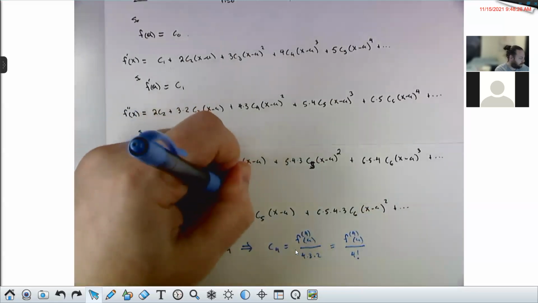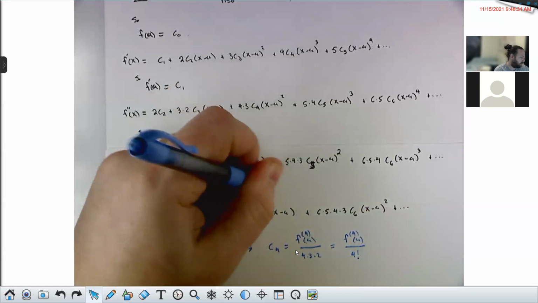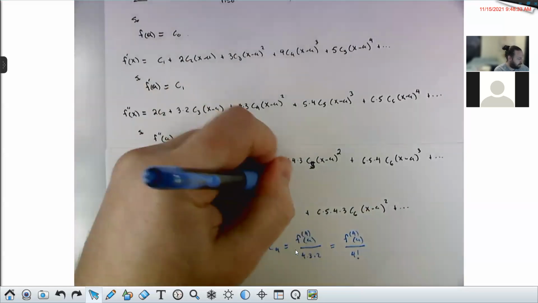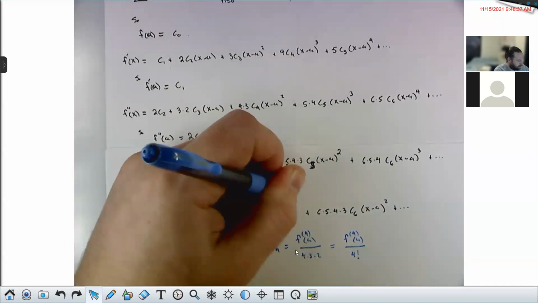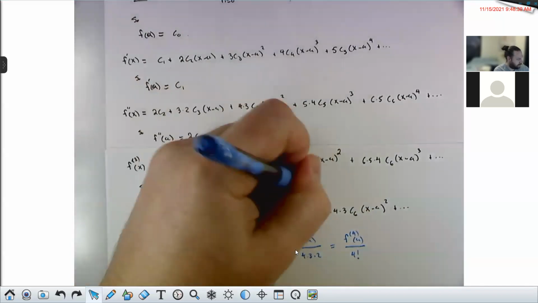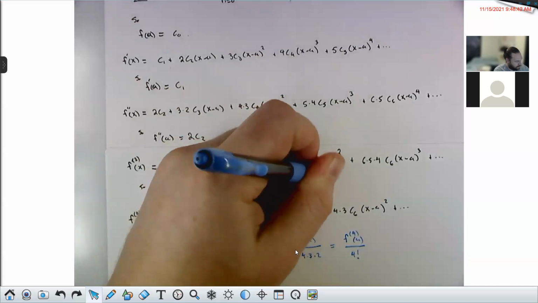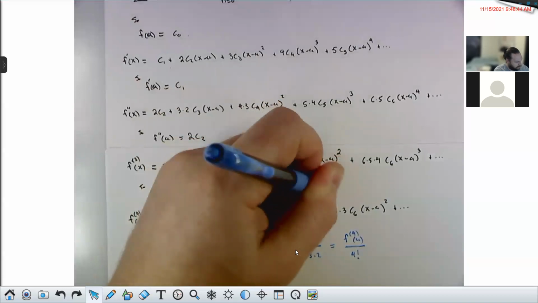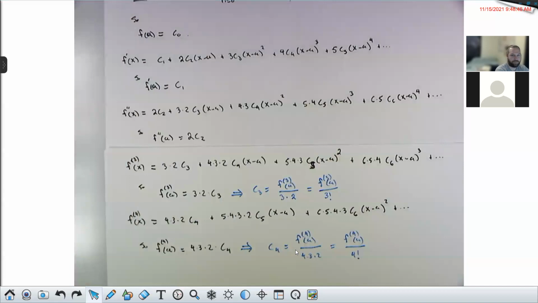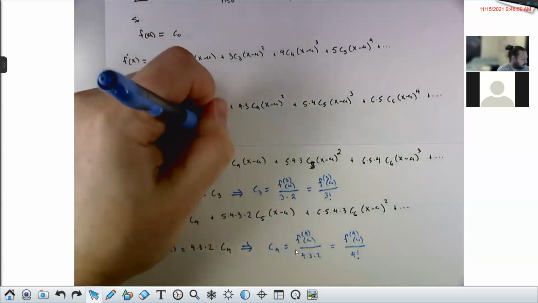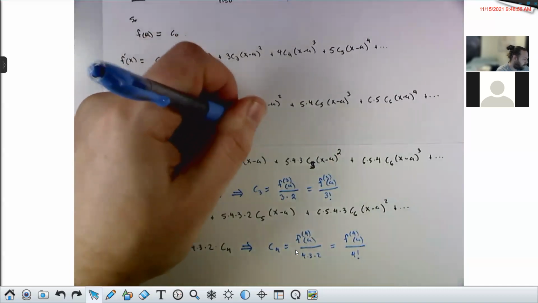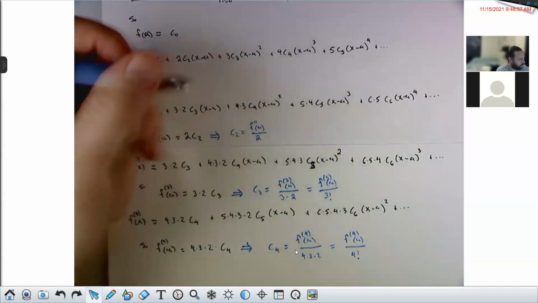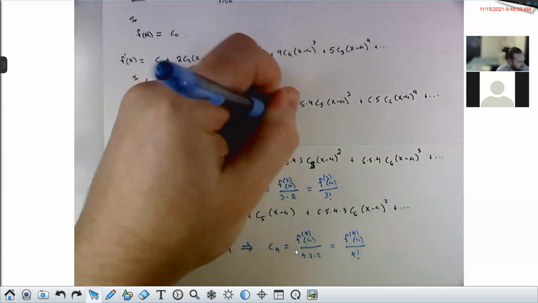Solving this for C3, we get C3 is F triple prime of A divided by 3 times 2, which is F triple prime of A over 3 factorial. And same here, right? C2 is F double prime of A over 2, and 2 is the same as 2 factorial.